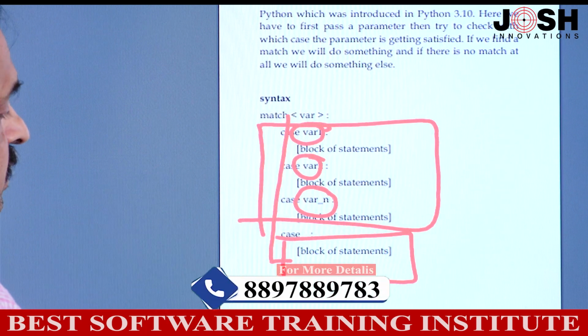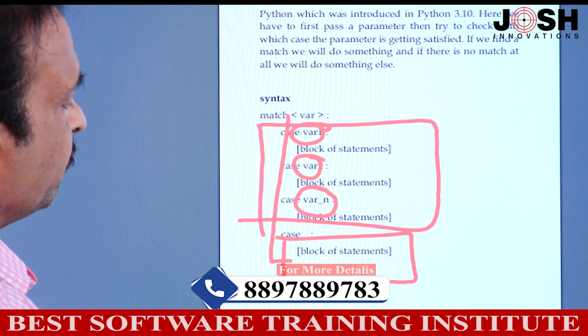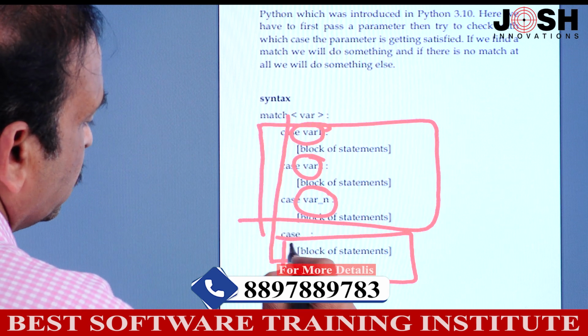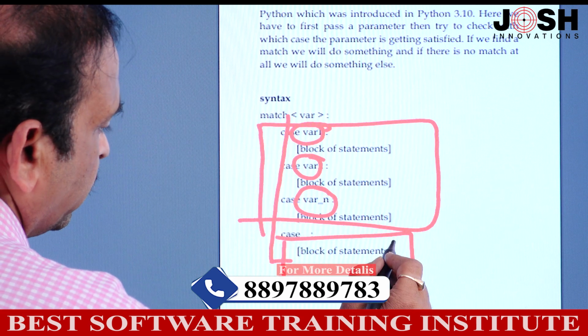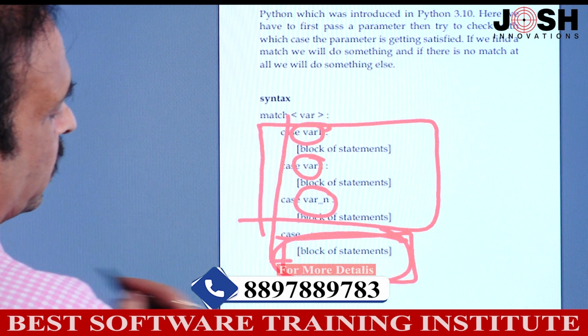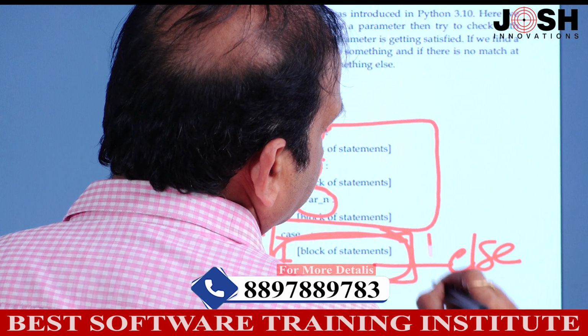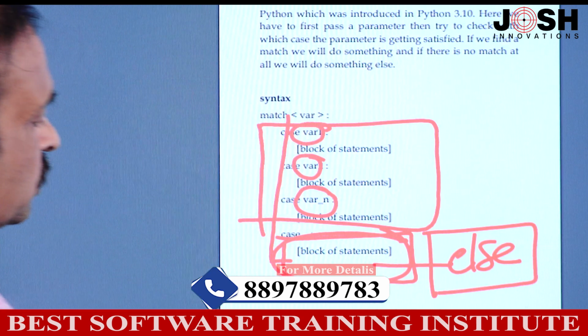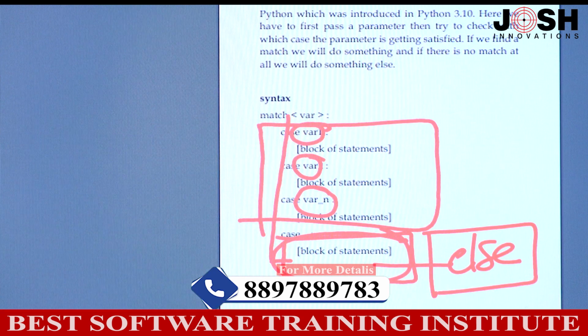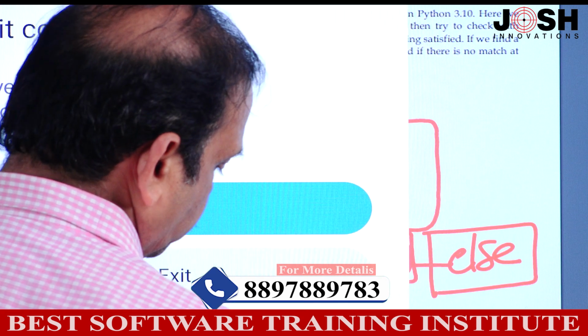If it is not matching var1, var2 and var_n, it directly jumps to case underscore and executes the last block, just like an else block. It is like an else block in an if condition. It jumps to the case underscore block. We will see this example.